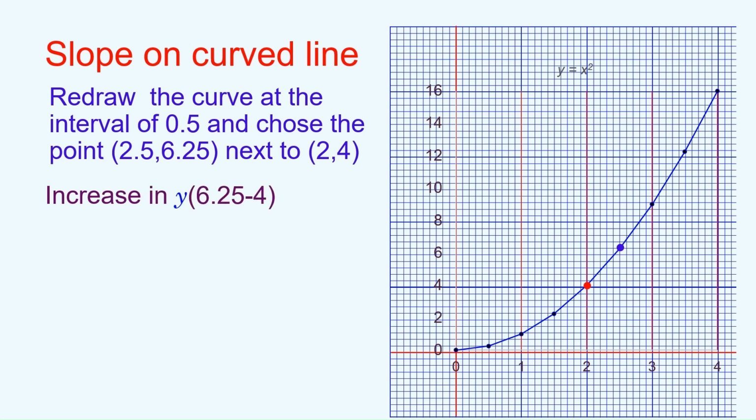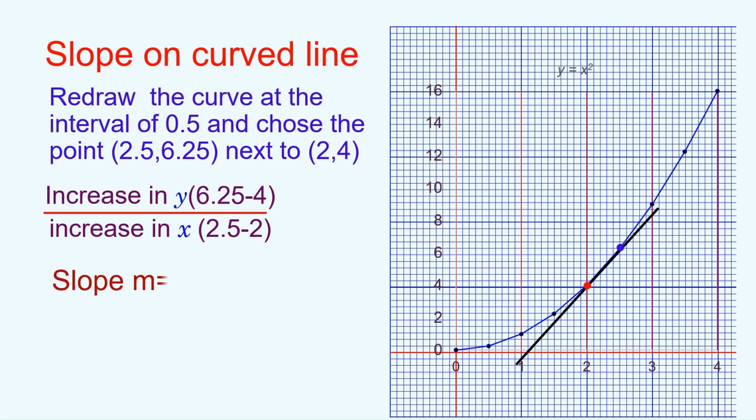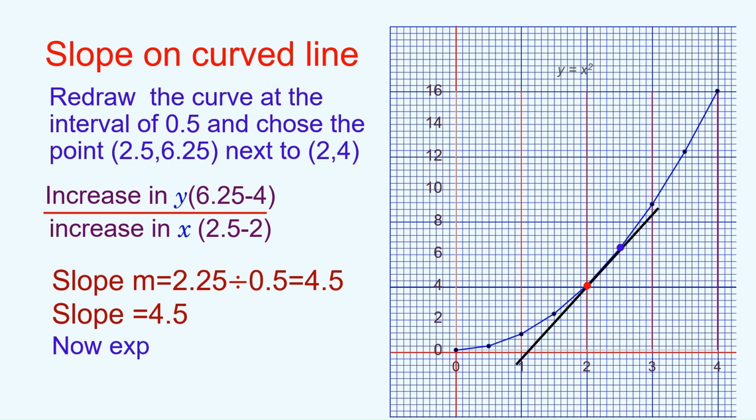Increase in y, 6.25 minus 4, that is 2.25, divided by increase in x, 2.5 minus 2, that is 0.5. Slope m equals 2.25 divided by 0.5 equals 4.5.